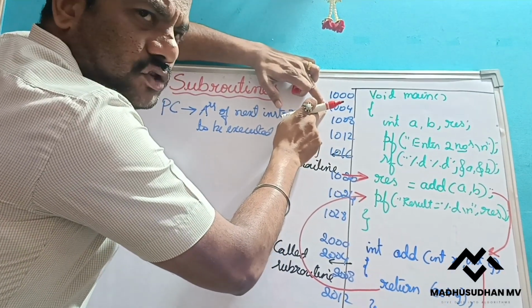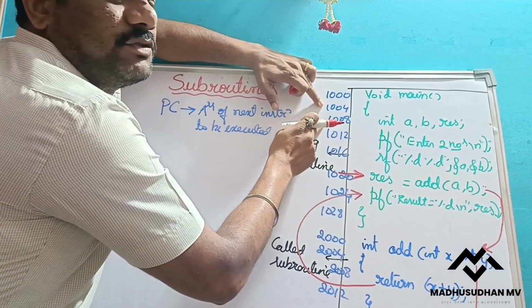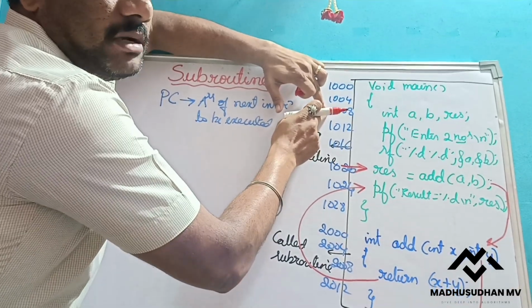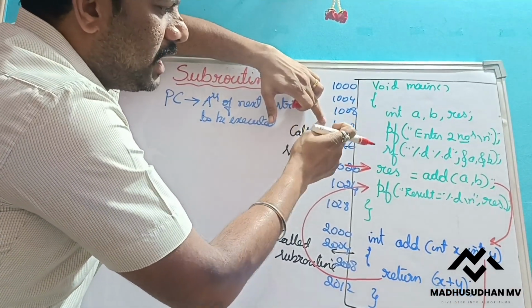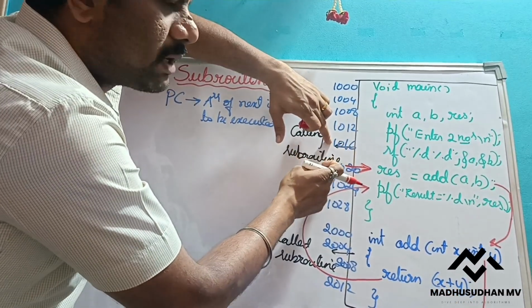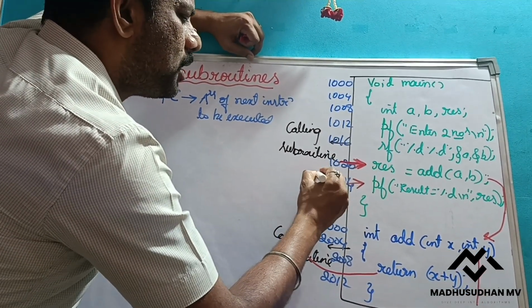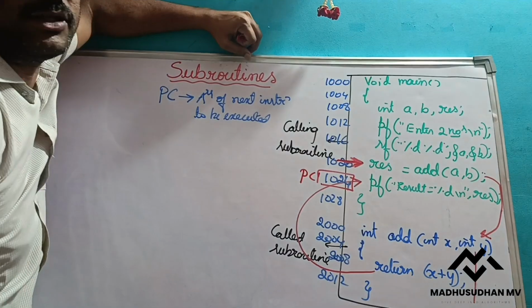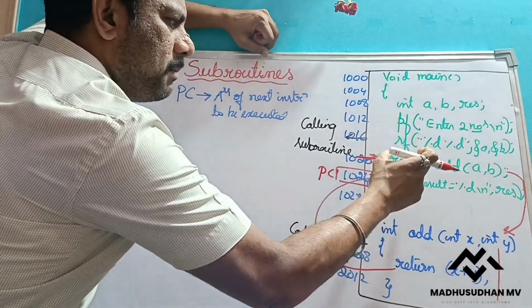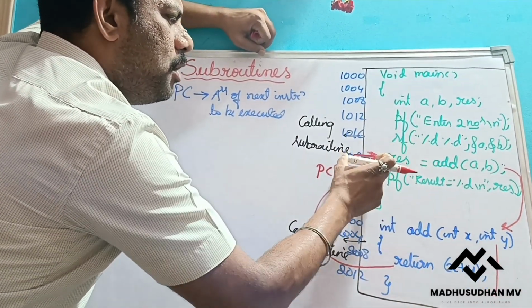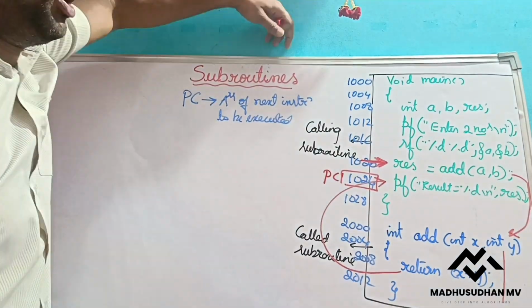Similarly, when executing this instruction, my program counter contains this one. When I'm executing this instruction, the program counter contains this one. When my processor is executing this instruction, the program counter contains the address of the next instruction.